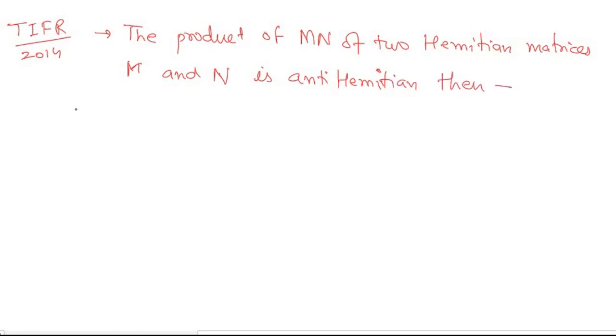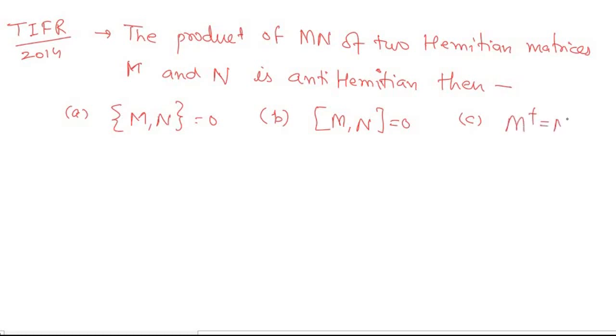The options given are: A, the commutator of M and N is equal to 0. Second option, the anti-commutator of M and N is equal to 0. Third option, M dagger is equal to N. And the fourth option, M transpose is equal to N inverse.